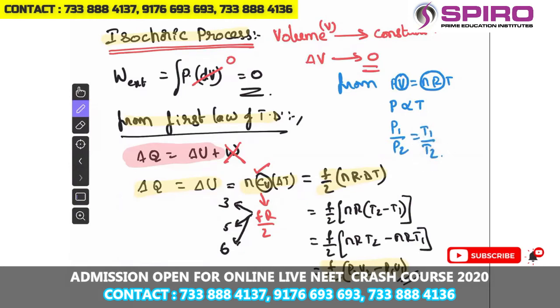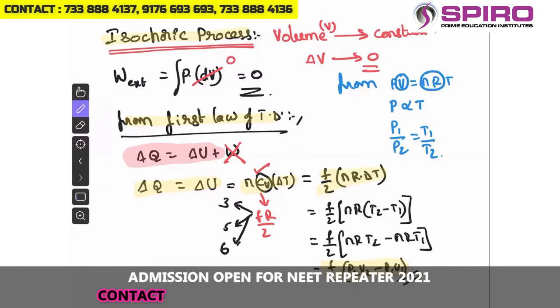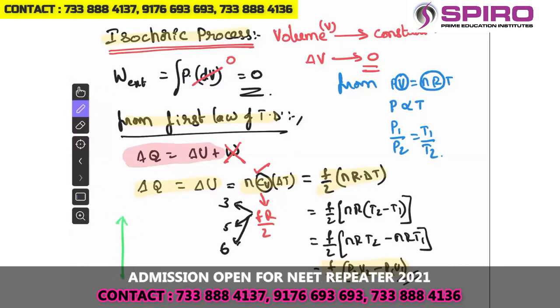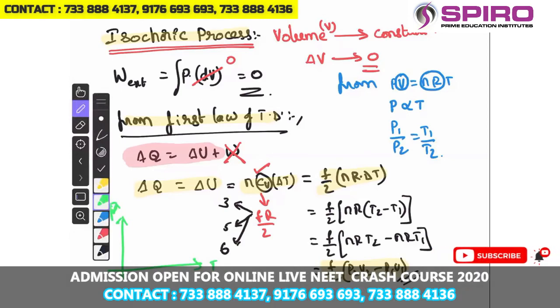If you analyze this process graphically, taking pressure along the y-axis and temperature along the x-axis, you get a proportionality graph. If the temperature is in the Kelvin scale, the graph passes through the origin.